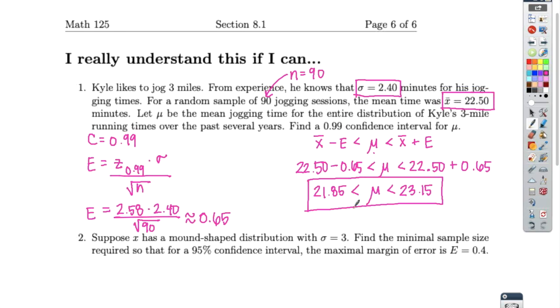So I have no idea if mu is for sure somewhere between 21.85 and 23.15. All I can say is that I'm 99% confident that it's somewhere between these two values. Doesn't mean it's exactly halfway. It might be 21.86. I don't know, but I'm 99% confident that somewhere between 21.85 and 23.15 lies the actual population mean for Kyle's running times.